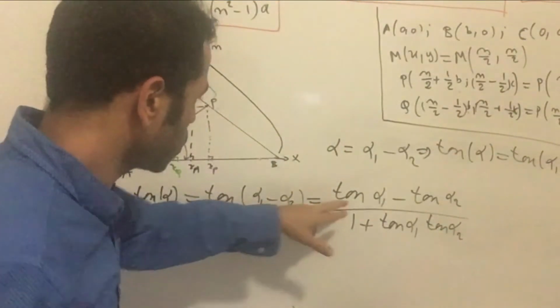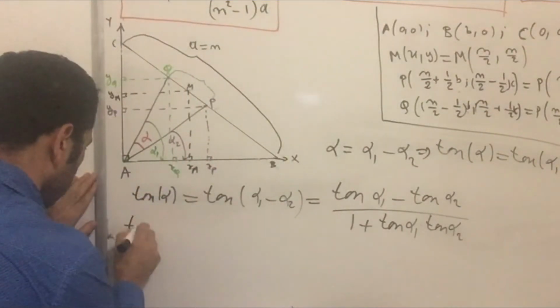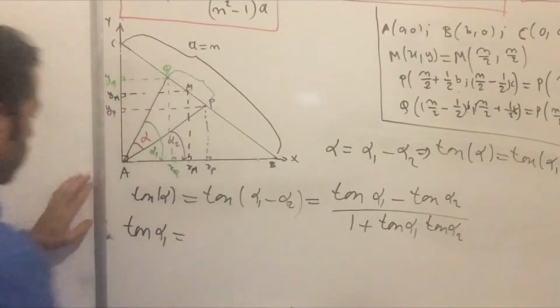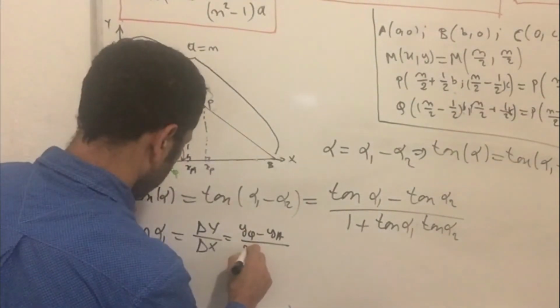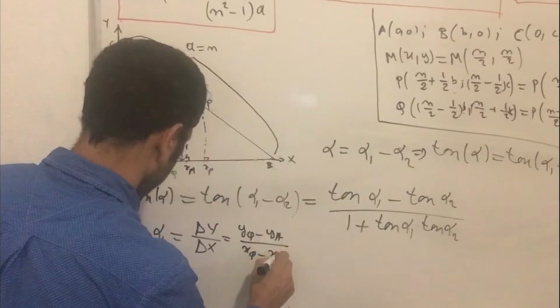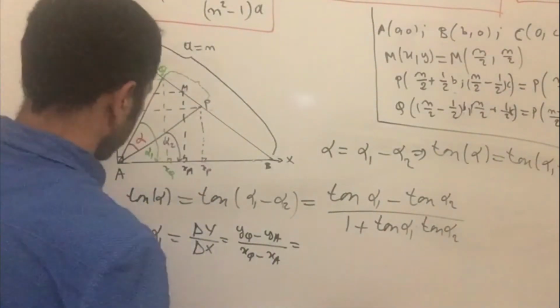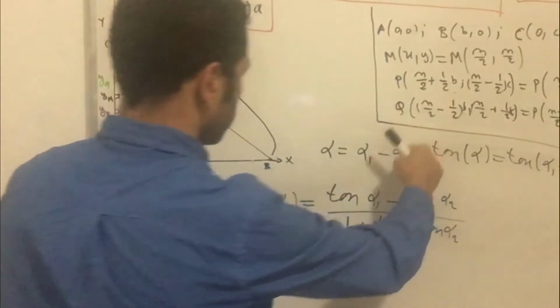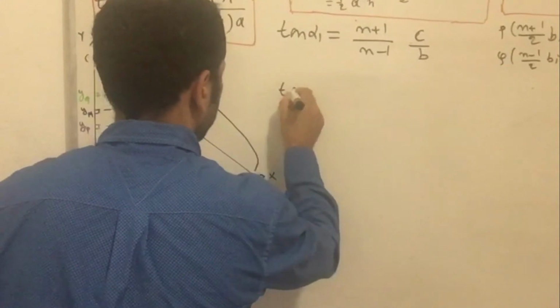What's tangent alpha 1 equal in this case? Tangent alpha 1 in x, which is the distance xq minus xa, coordinate a, we have it here.